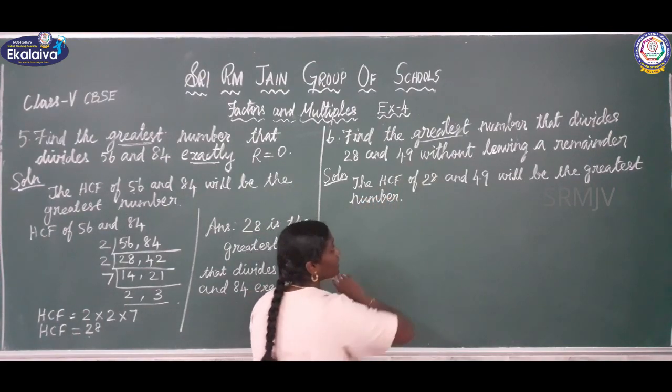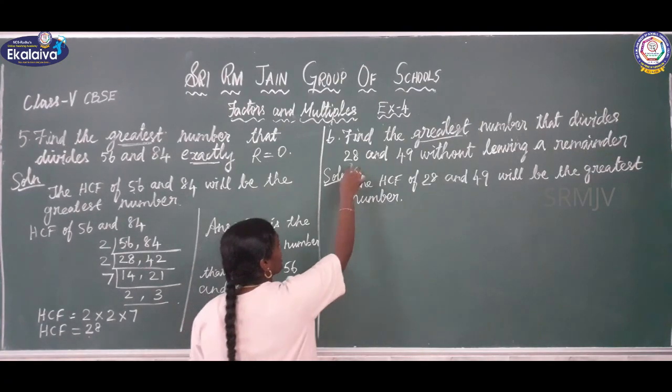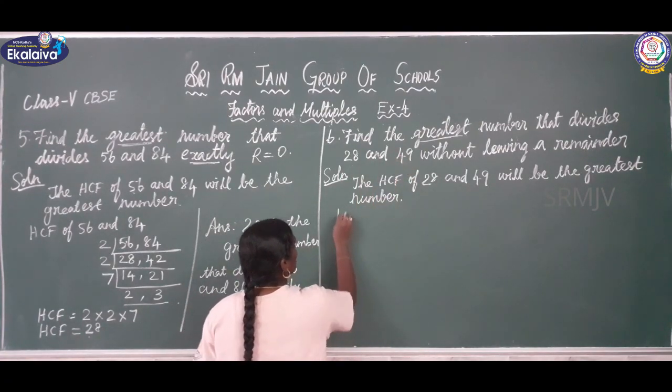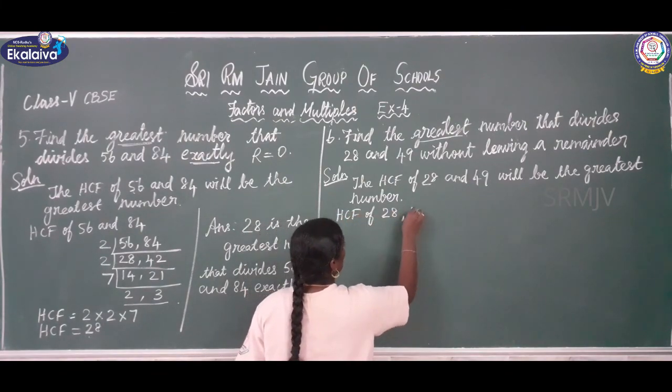To find the greatest number that divides exactly, we have to find the HCF of the given numbers. So, HCF of 28 and 49.